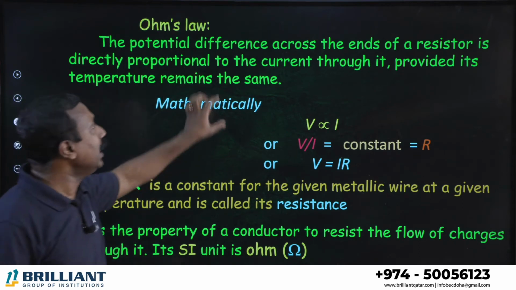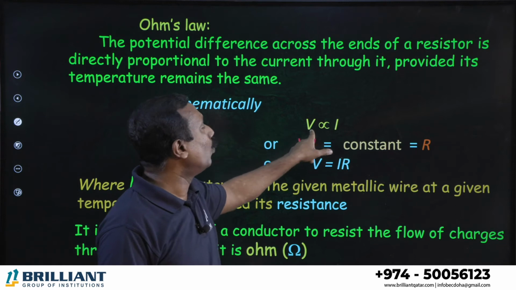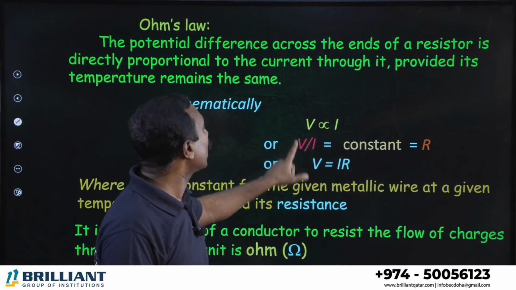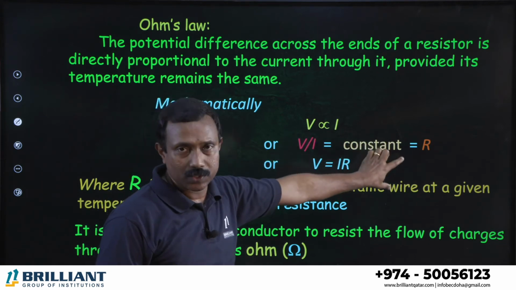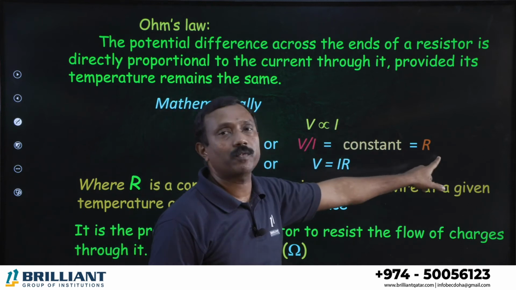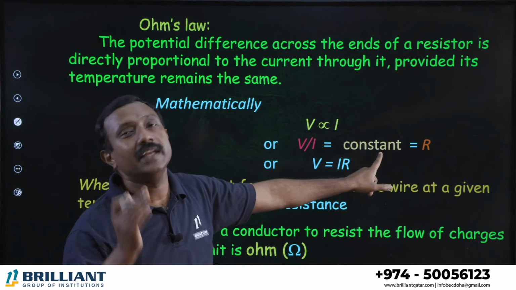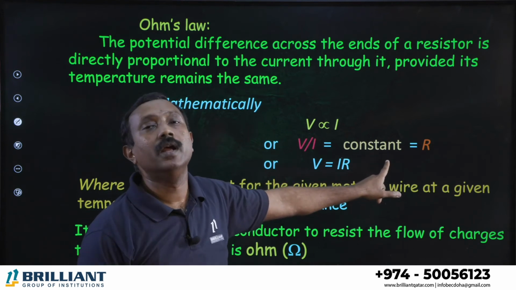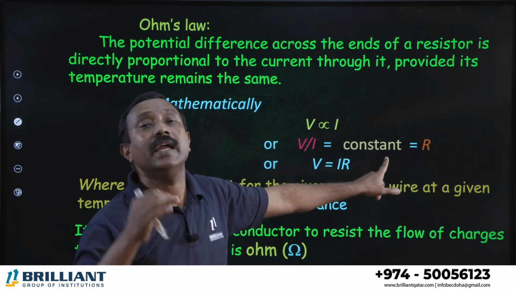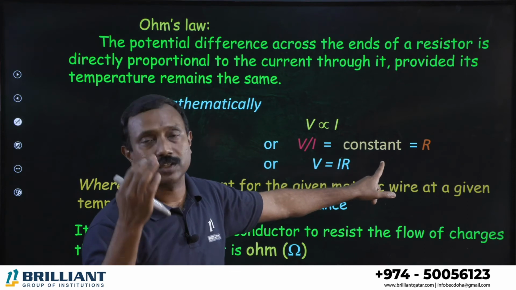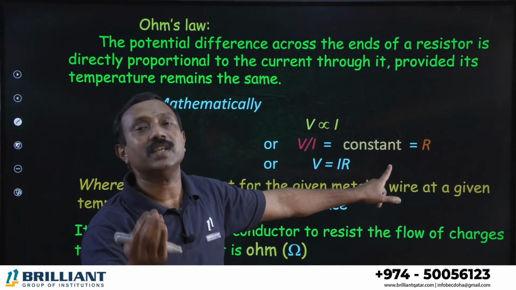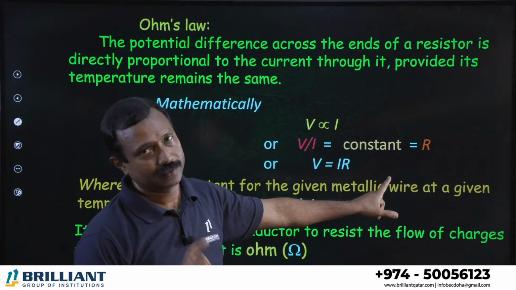Mathematically, we can relate both as V is proportional to I, or V by I is equal to a constant, and that constant is what we call the resistance of the conductor. Resistance means a hindrance or opposition created by the conductor against the free flow of electric charges through them. Such a hindrance is what we name resistance.